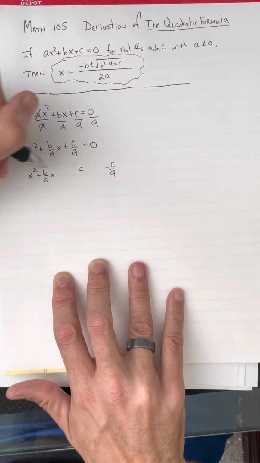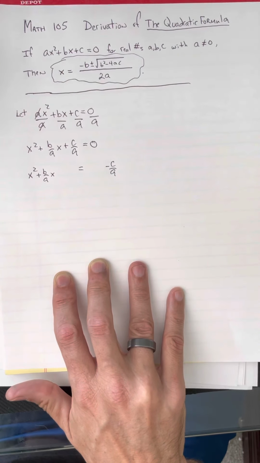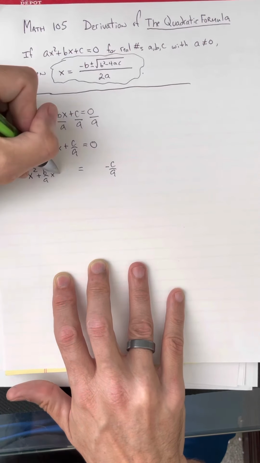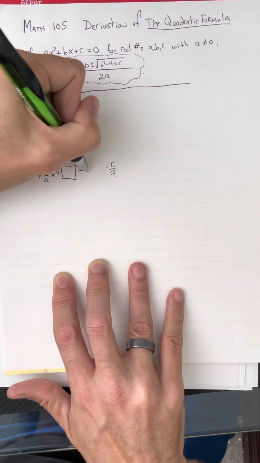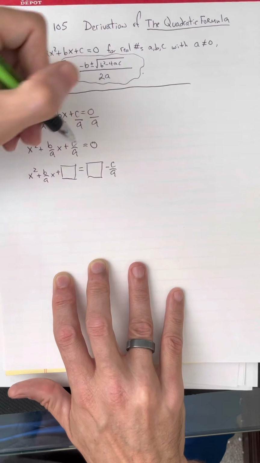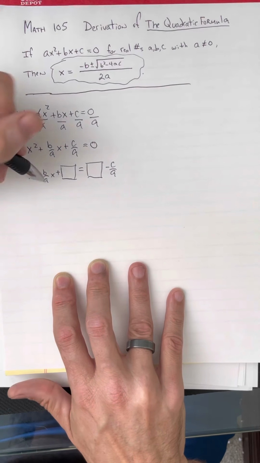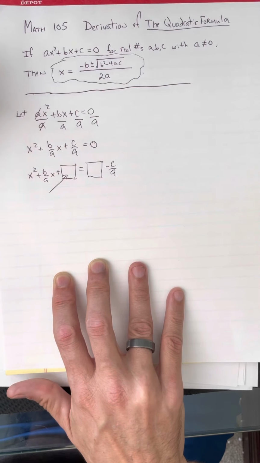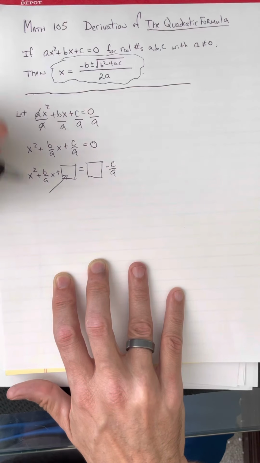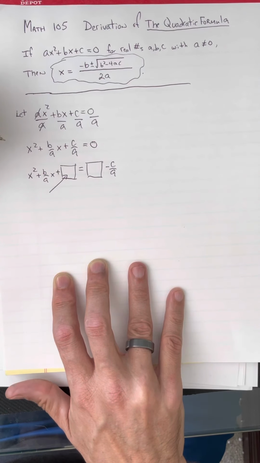And I'm going to leave some room because I need to add something here. To complete the square, you've got to add the same thing to both sides. And what do you have to add? Well, you take the coefficient on the x term, divide it in half and square it.